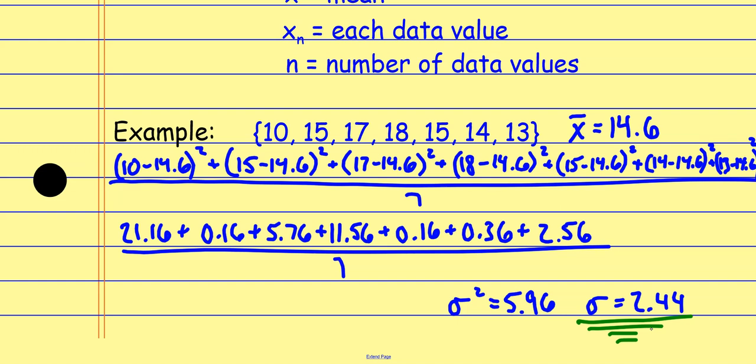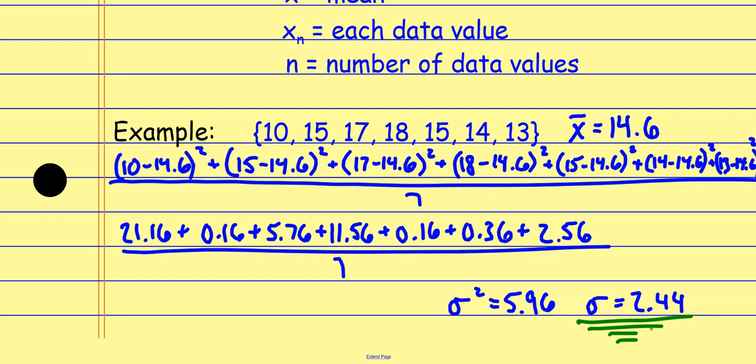So when we travel 2.44 in each direction from the mean, the average value that we have, we will collect 68% of our data values. If I travel another 2.44 in each direction from the average, we'll collect a greater percent of our data values.